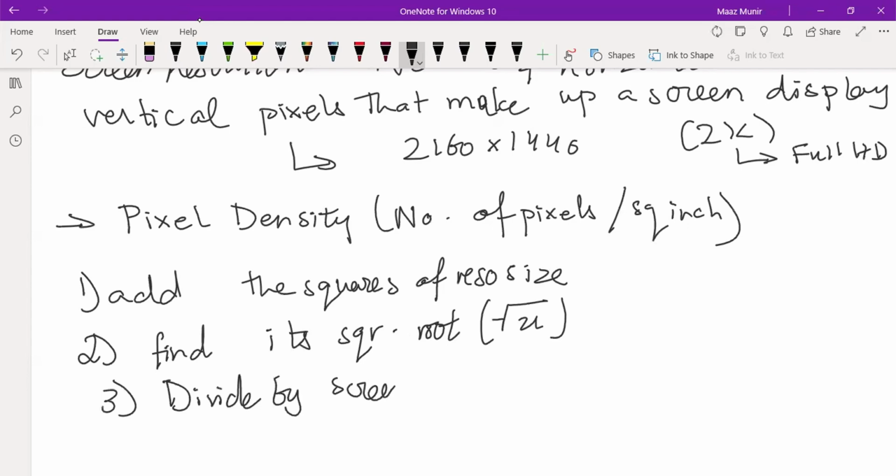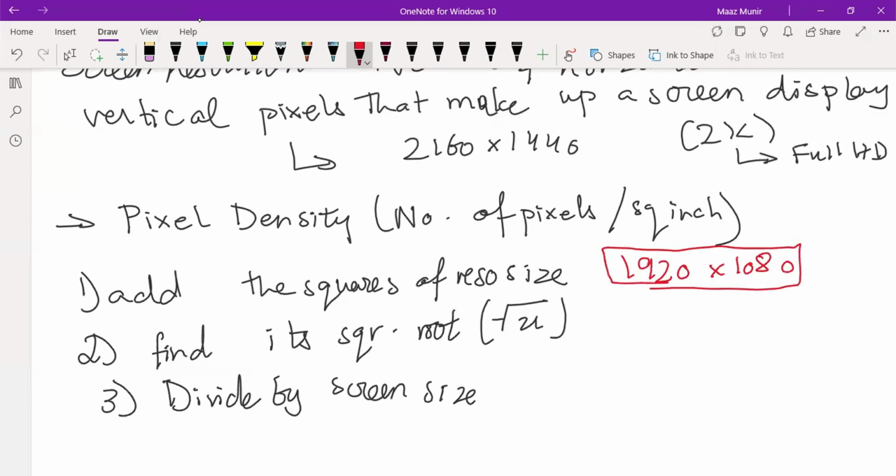Let's say we are told that a screen has a resolution of 1920 multiplied by 1080. According to the first step, we are going to be adding the squares of the resolution. What do I mean by adding the squares? We need to add 1920 squared plus 1080 squared. We get the answer as 4852800.